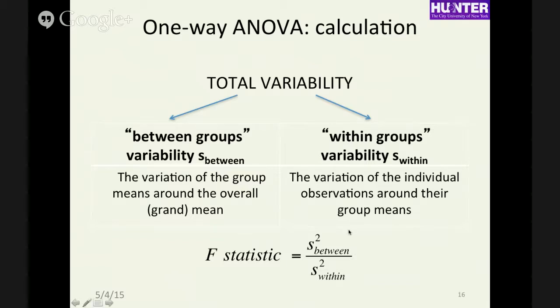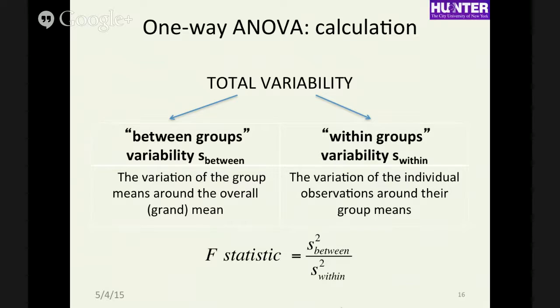So if you have a big difference between and a small difference within the group, you have a big F statistic. Yes? So when are you using variance, variability, and then standard deviation? I'm using them interchangeably. Variance is the square of the standard deviation, but I'm sometimes just saying variability because it's a more common English word.